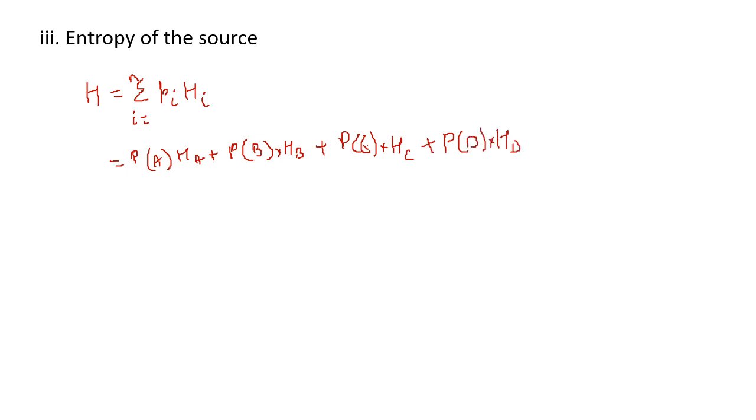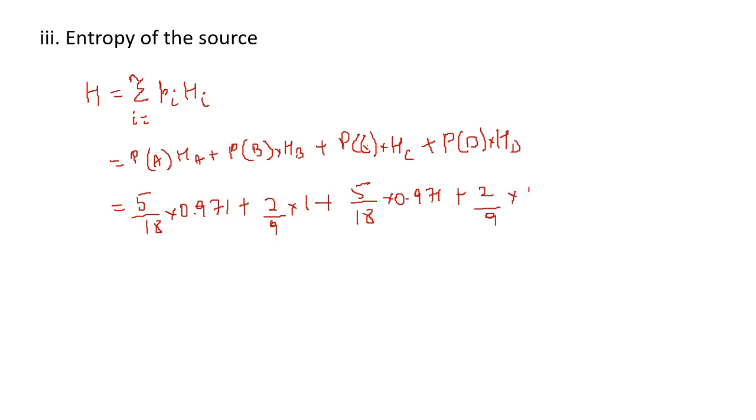So it is equal to P of A, we got it as 5 by 18, Ha is 0.971, P of B is 2 by 9, Hb is 1, plus Pc is 5 by 18 and Hc is 0.971, plus P of D is 2 by 9 and Hd is 1.